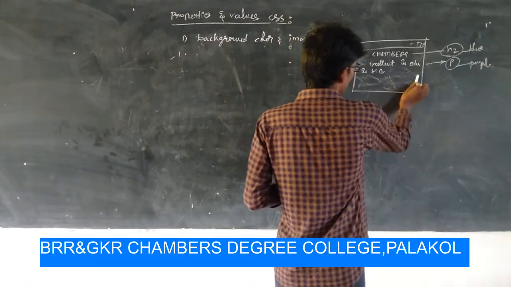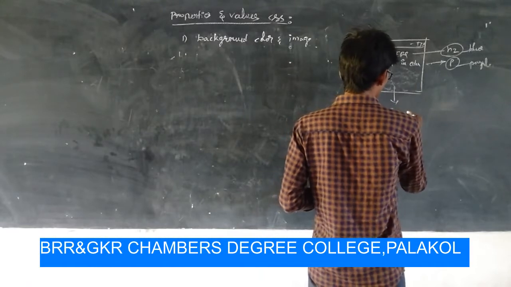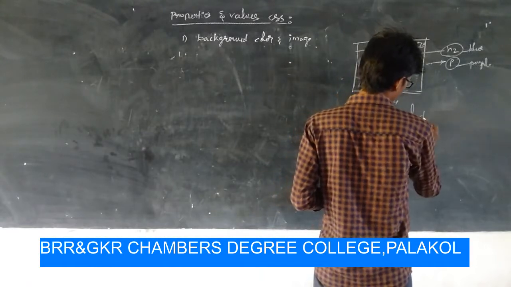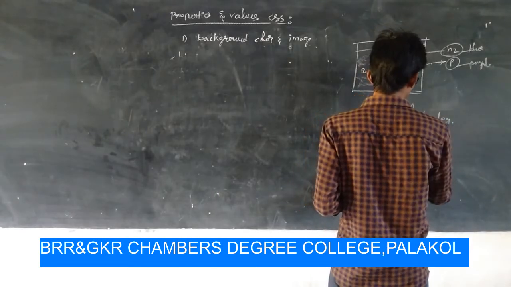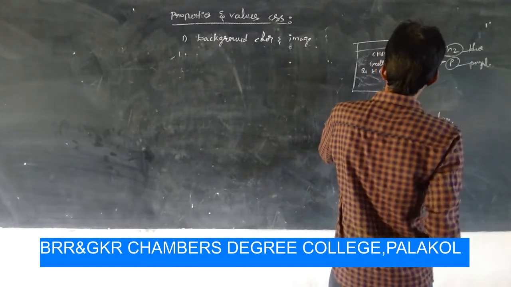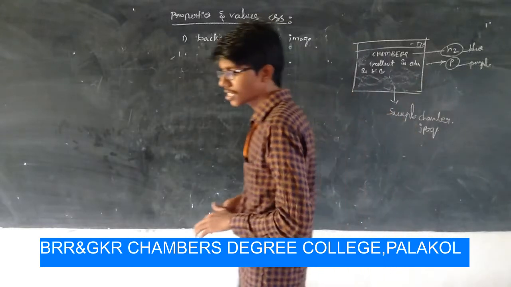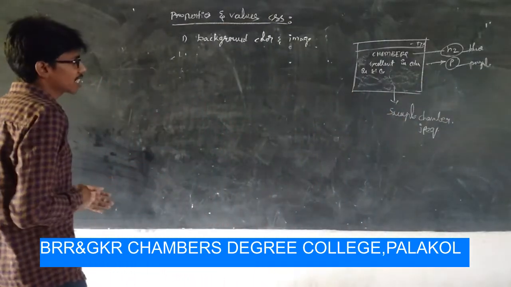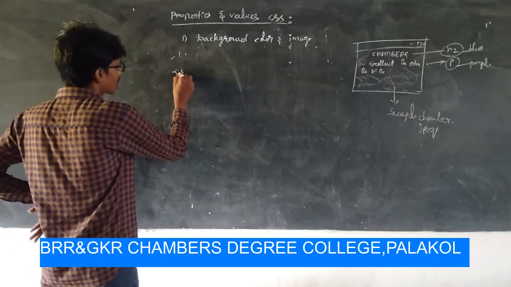The image is a sample college chambers image in JPEG format. This image can be seen in the background of the HTML document. For this representation you mention it in the style part.